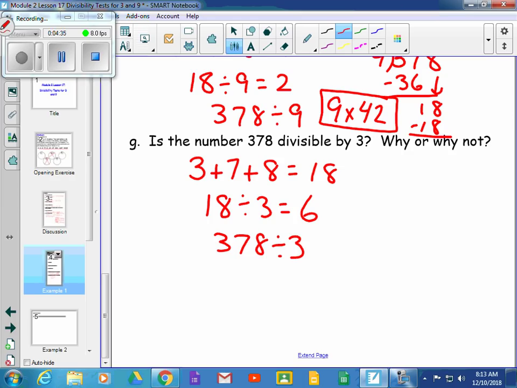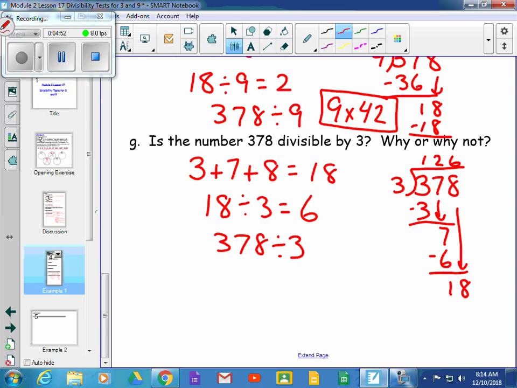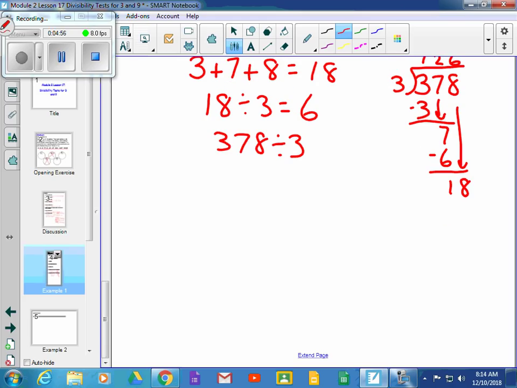If we were to write that as a product of 3 and another number, we could take 378 and divide it by 3. So the other factor is 126. So since 378 can be divided by 3, we could write it as a product of 3 times 126.